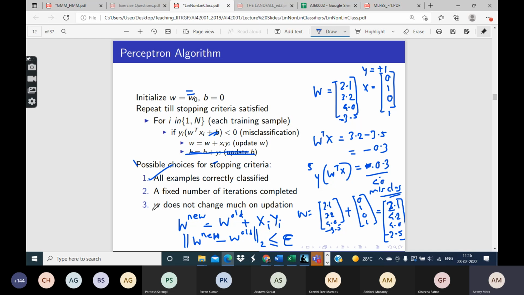In such a situation, we can understand that although the classification may not still be perfect, changing W is anyway not going to help much, so you can just stop. But the ideal situation is the first one, where all the examples are correctly classified over a single pass. That will happen only if the data set is linearly separable.